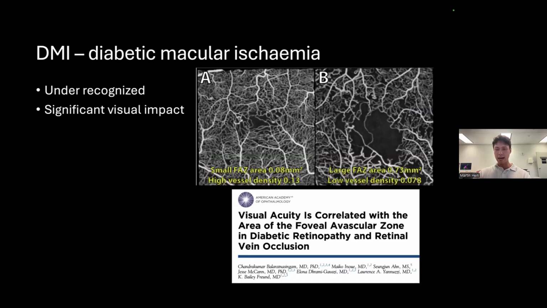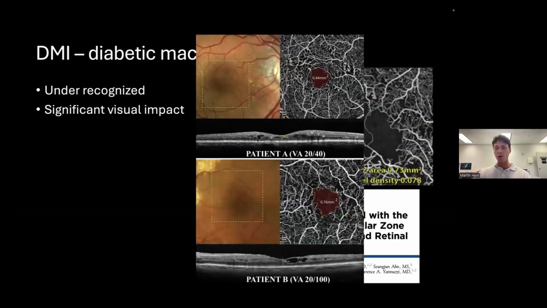There's a study by my boss, Professor Bala, who's looked into this. And you can see that he has a lot of direct correlations between the size of the foveal avascular zone as measured with the OCTA and also the visual acuity of the patient. Even in the context of diabetic macular edema that you can see here, there's some correlation there as well.